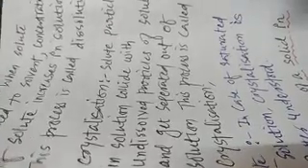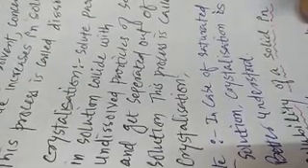Now we'll understand the process which is opposite to dissolution, which is known as crystallization. Solute particles in solution collide with undissolved particles of solute and get separated out of solution. This process is called crystallization.